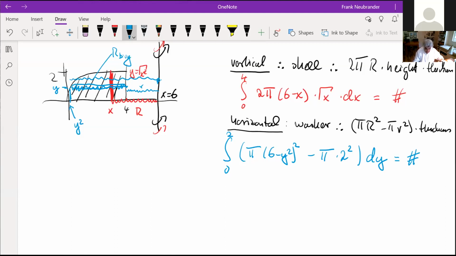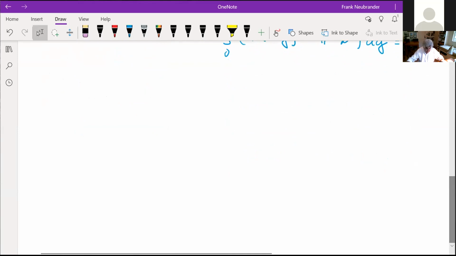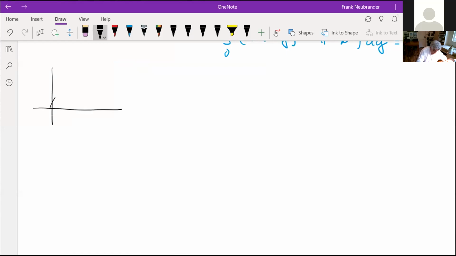So let me do the same problem again. Now we just use a different axis of rotation. So again, I take y equal to the square root of x, or x equal to y squared.